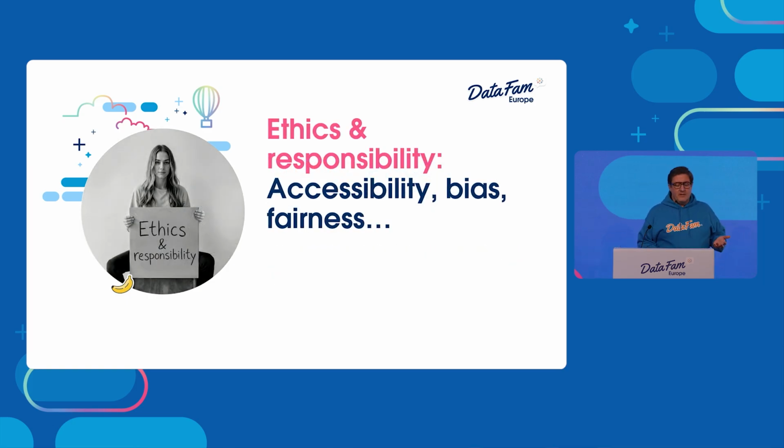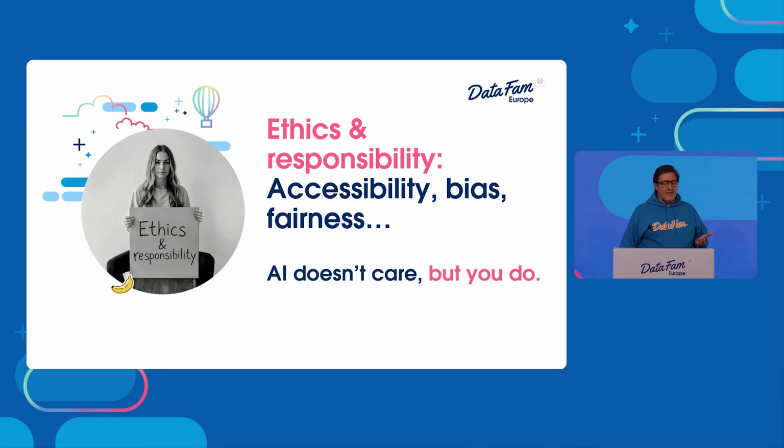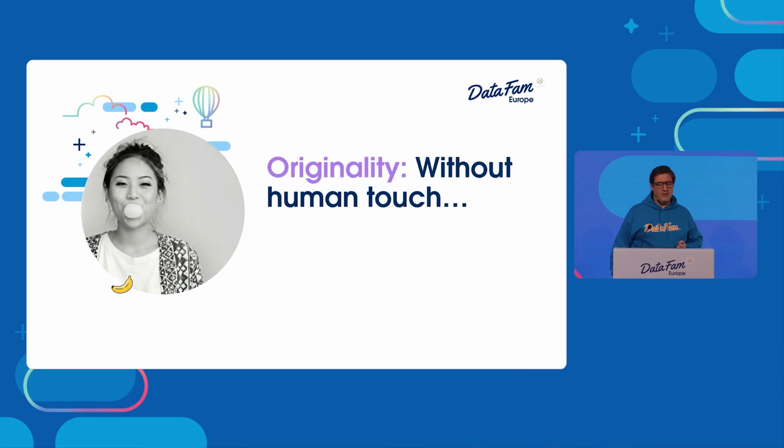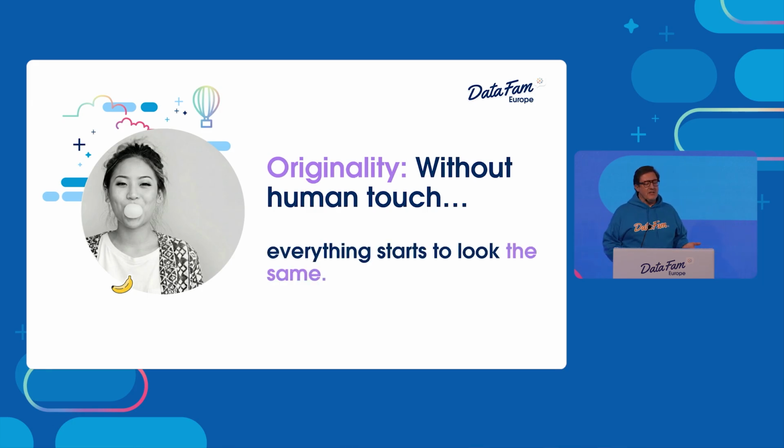Ethics and responsibility, right? It's up to us what we are responsible to show and not to show in our visualizations. And we have to keep it original. If we start using everything that AI gives us, we lose that originality and everything starts looking the same, right? Have you ever received an email from someone and thought, I know this has been generated by AI, because they are all the same?